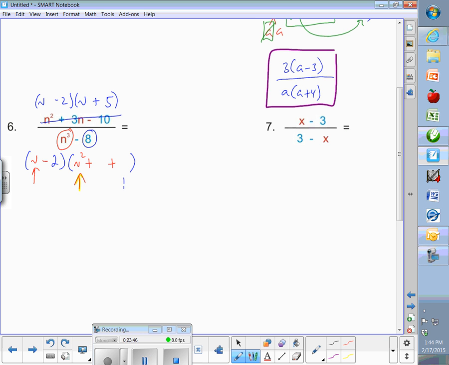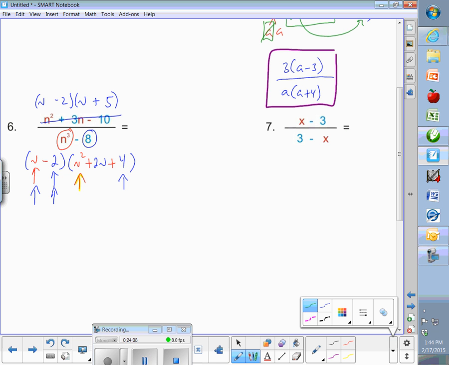We do the same for the back: the back term squared. 2 squared is 4. And the middle is the front term times the back term. Don't worry about the signs. So 2 times n is 2n. All right, that's the factoring of that.